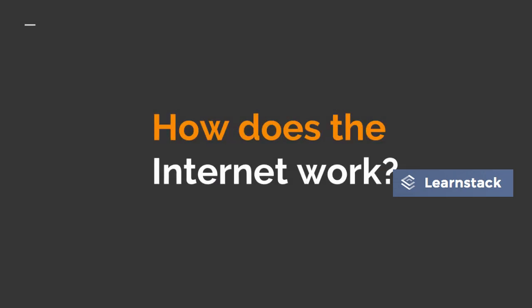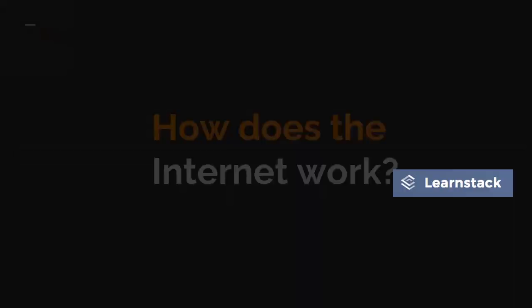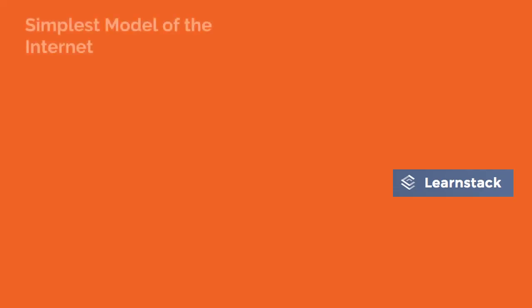With that understanding, let's answer the question, how does the Internet work? Let's assume Internet to be a giant pipe. A pipe passing through everybody's home. It's ubiquitous. Using that understanding of Internet, let's create a simple model of how various computers connect to Internet.